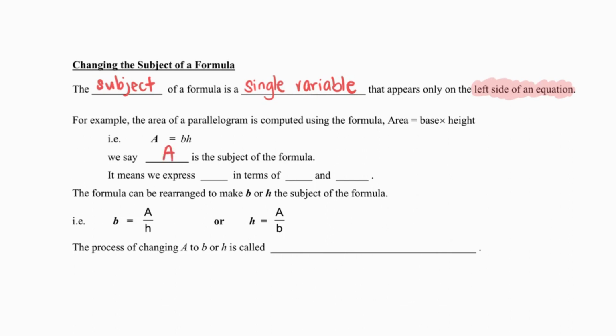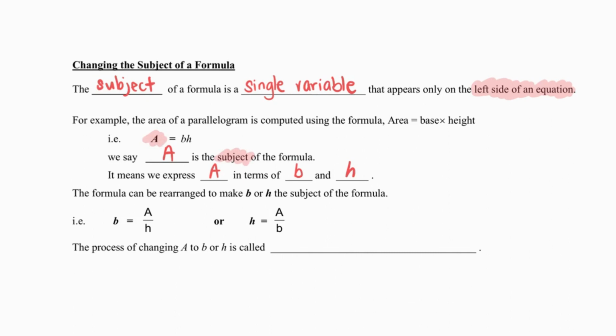It means we express A in terms of B and H. As you can see, the subject is always at the left side of this equation or formula, so to speak.